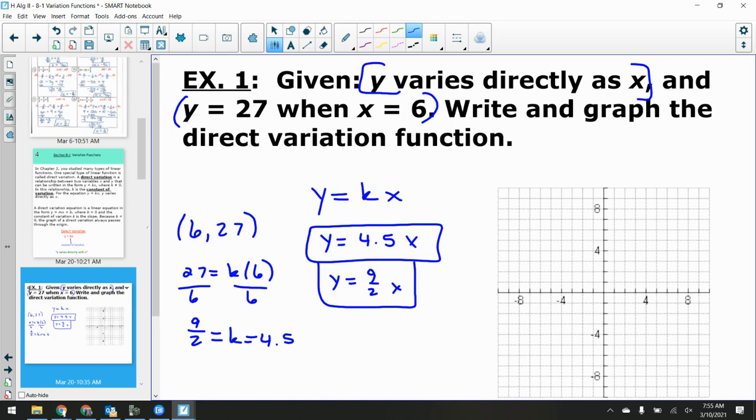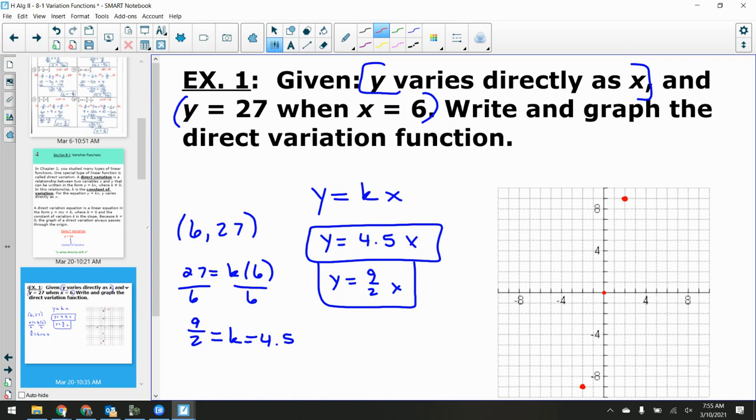I like it as a fraction because isn't that the slope? Is the k value the slope as well? We know it's always going to run through the origin point because there is no y-intercept. So I can make one point there. And then I could use this 6 comma 27, but obviously 6 comma 27 is not on our graph. So I'm just going to use the slope of 9 halves, rise 9, run 2, or down 9, left 2, to graph my line.